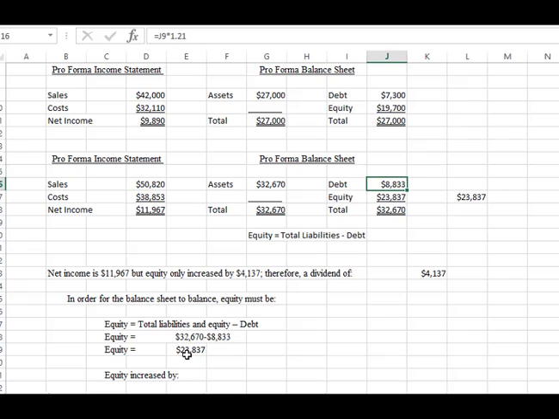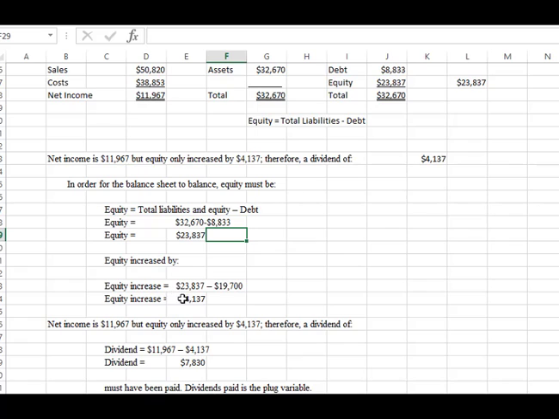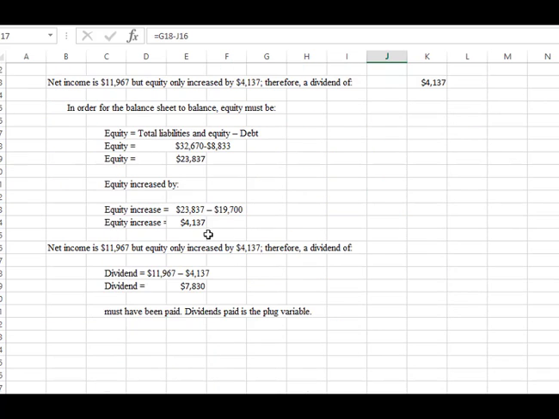So our new equity number is 23,837. So you could see what I did here. I put a little function in there. Now equity is increased by 4,137, or the 23,837 minus the year previous, which we just talked about. That's a 4,137 number. Okay.